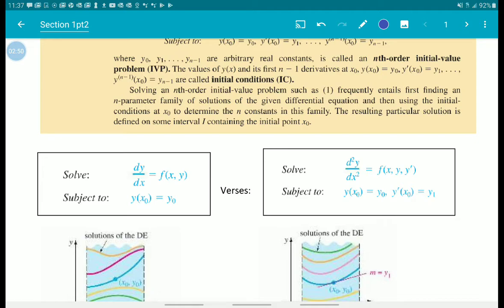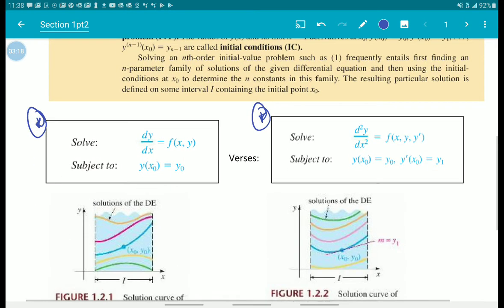So when we talk about what we're looking at here, we're going to talk about the difference between these two, and then we'll go back up to that general definition. So in that first box, this is a first degree problem because we have that first derivative there. So this is a first order differential equation, if you will. Notice that if we want to solve a first order differential equation, I'm going to go down to our picture here, we could have different solutions.